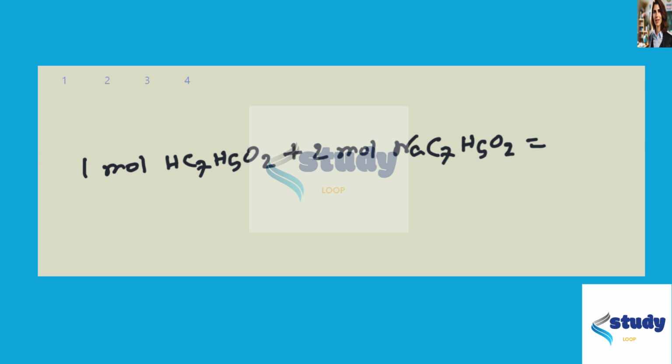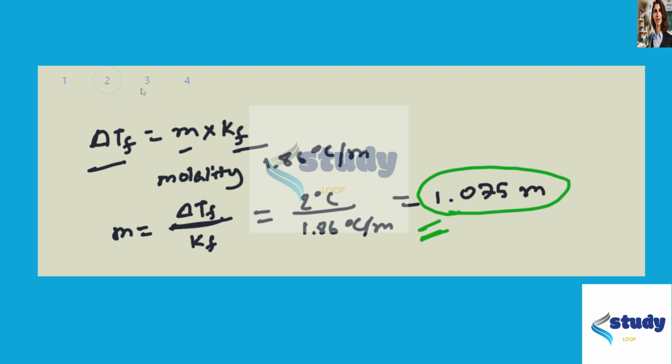So this is equal to the molality of the solution we just calculated. That means 1 mole of acid plus 2 moles of base is equal to the molality of the solution we calculated here.